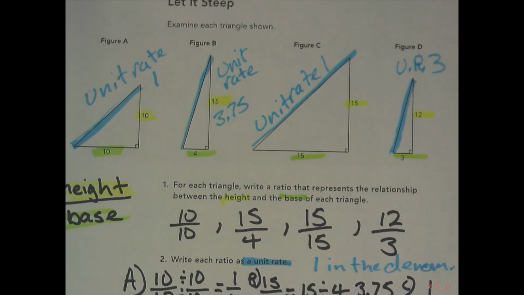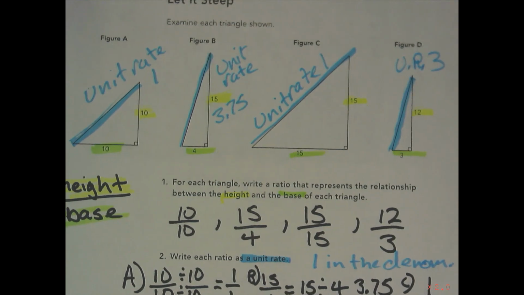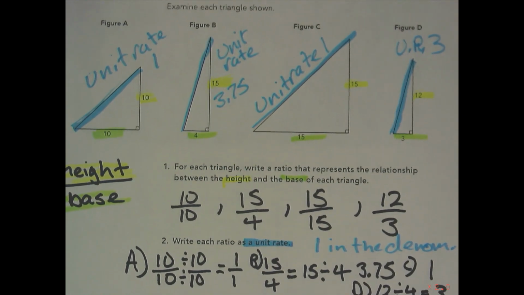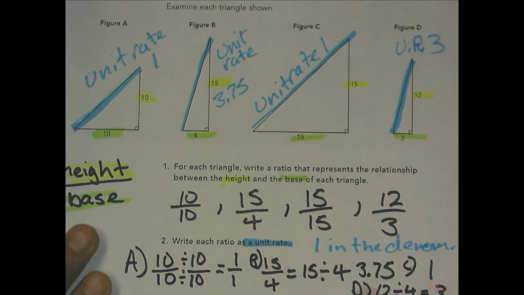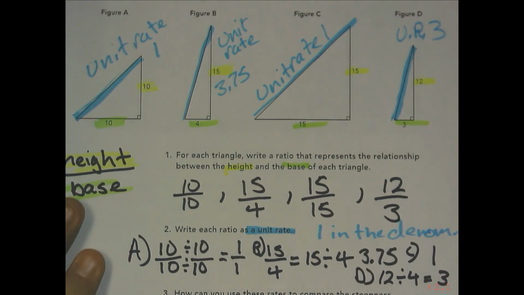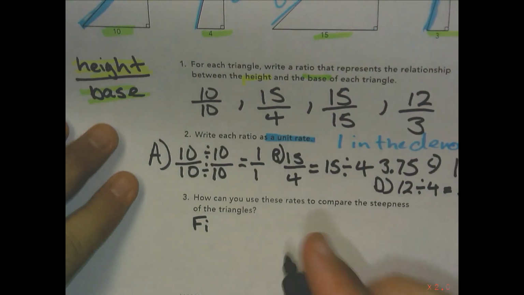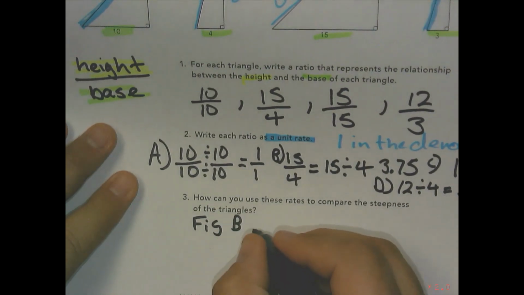Okay, so now question number 3 says, how can you use these rates to compare the steepness of the triangles? Well, if I were to put them in order, I could say figure, let me slide this up a little bit.